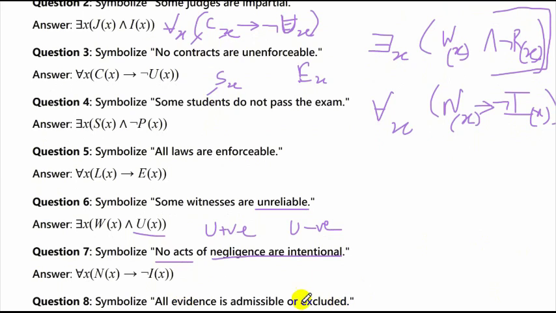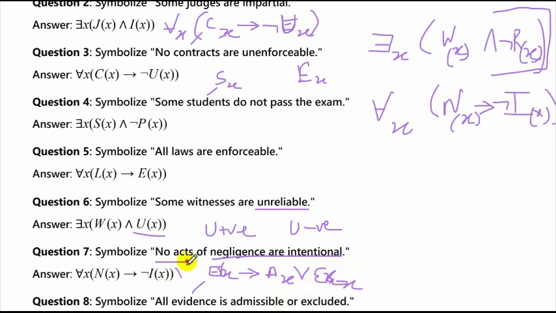All evidence is admissible or excluded. Now this is a little complicated. So evidence would be EV. All evidence is admissible implies that it is admissible or excluded. So I think we can write EV and excluded and then small x.